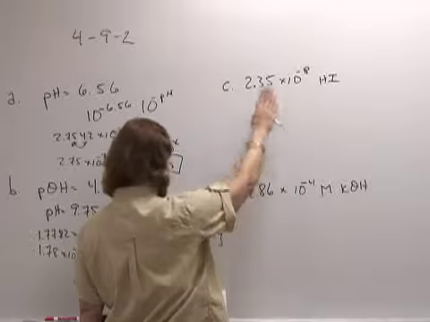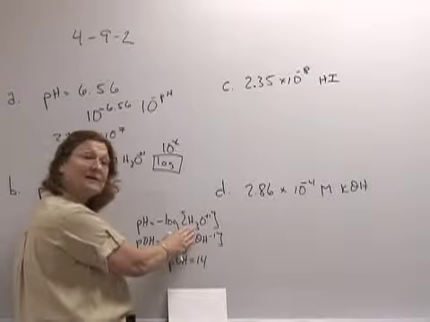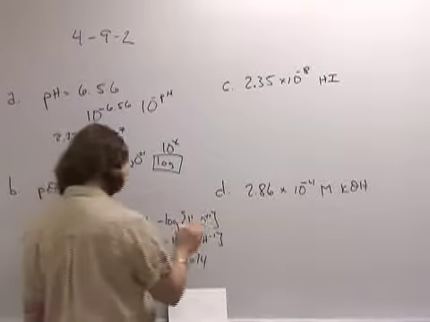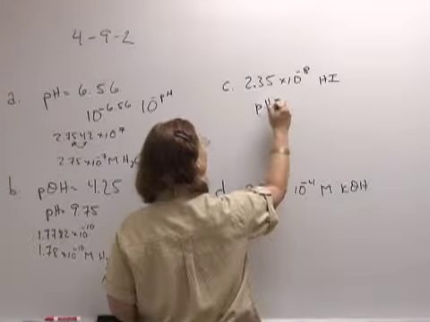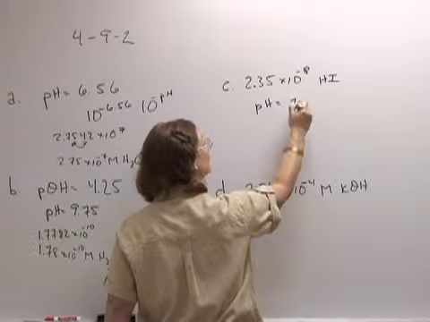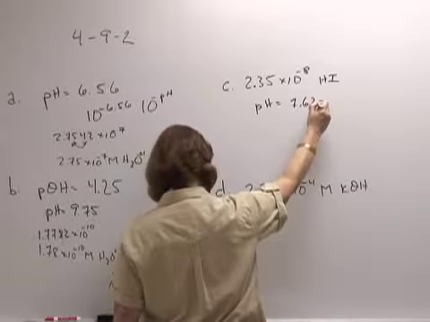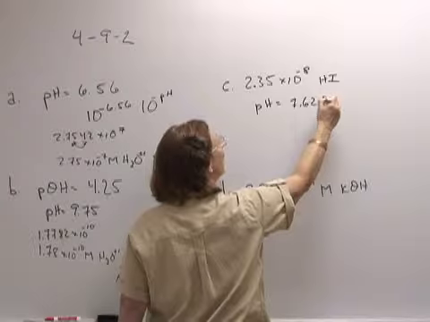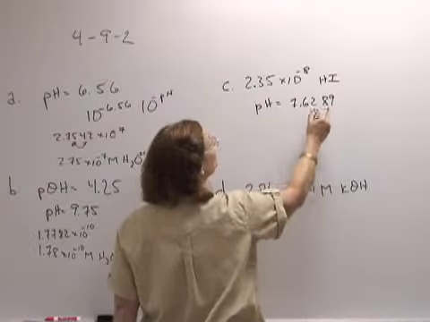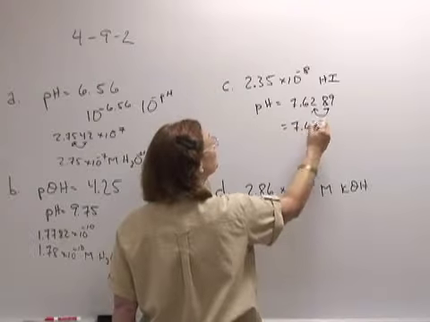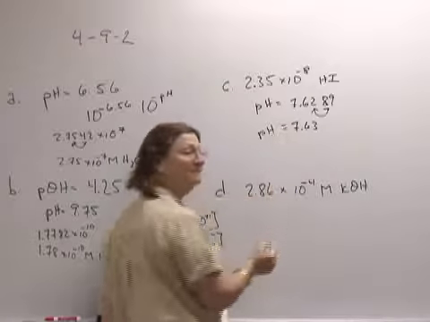Therefore, I just put it into my formula, take the log of it, and make it positive. And I get a pH equal to 7.6289. I round it to the hundredths place. The 8 rounds the 2 up, and I get 7.63 is my pH.